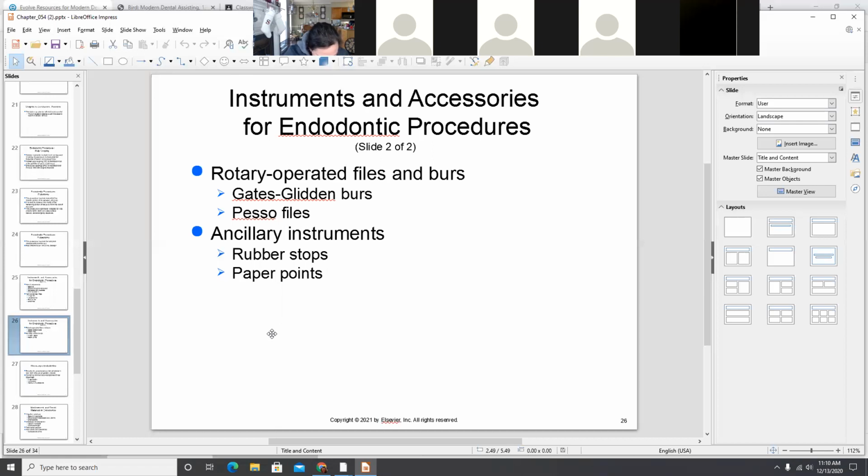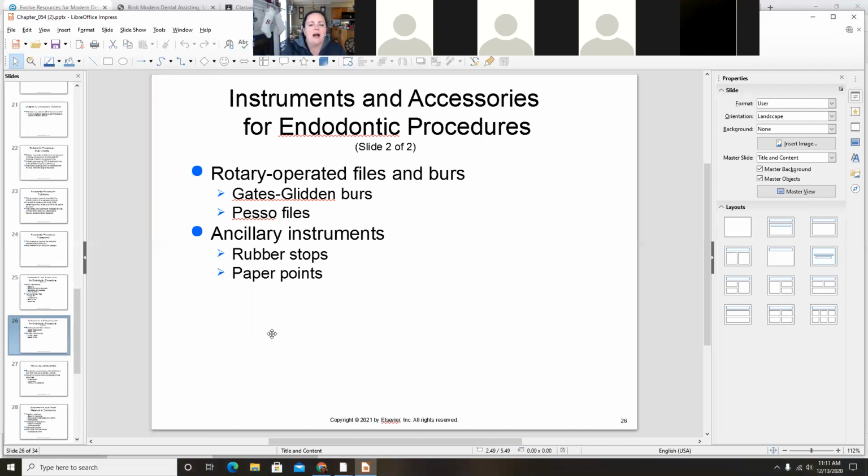And then we have PISO files, which again are in figure 54.18. All right, these are all just different. The PISO files are used to open up the canal, using different sizes. Rubber stops are put on the endo files depending on how long the root canal is, or how long the canal of the tooth is.